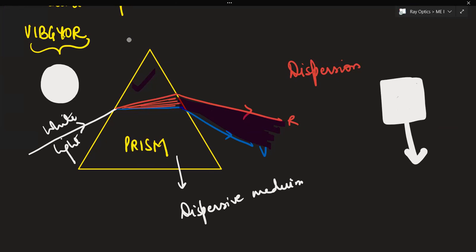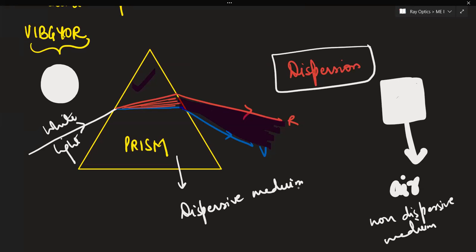So for such materials like air, you do not have any dispersion occurring. Otherwise, everywhere you would be seeing rainbow formation. So such types of medium like air are known as non-dispersive medium. So: dispersive medium, non-dispersive medium, and the phenomenon of dispersion.